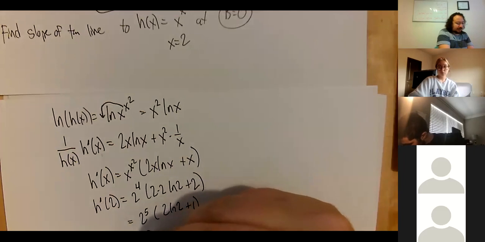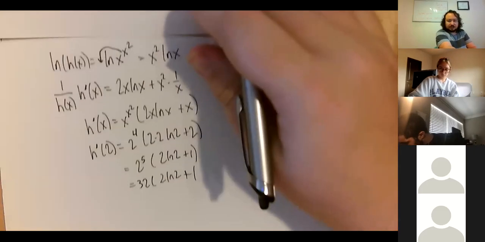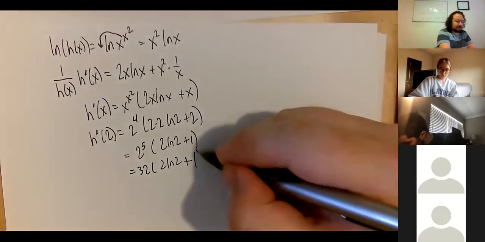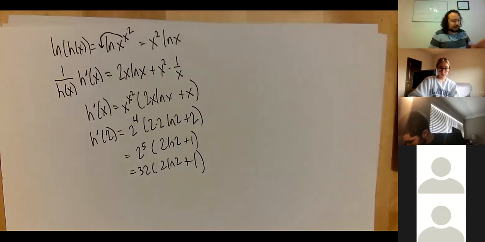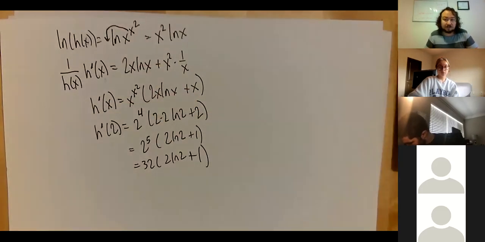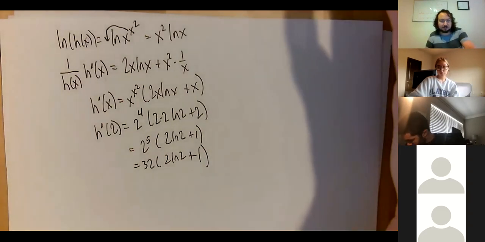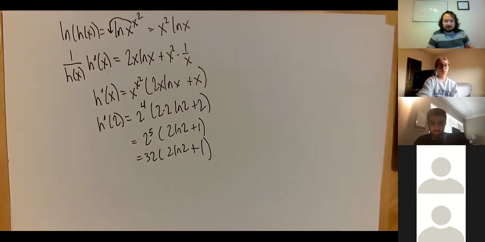So this will be 32 times 2 ln of 2 plus 1, after we do all the 2's with this. All right, so the key to this problem, though, was the beginning here, where we used logarithmic differentiation to make it something that we could actually do the derivative of. All right, so there we go. Got that one.